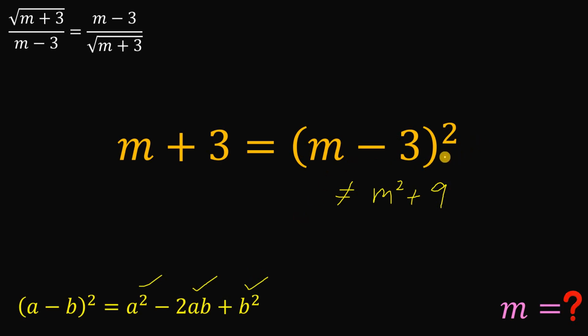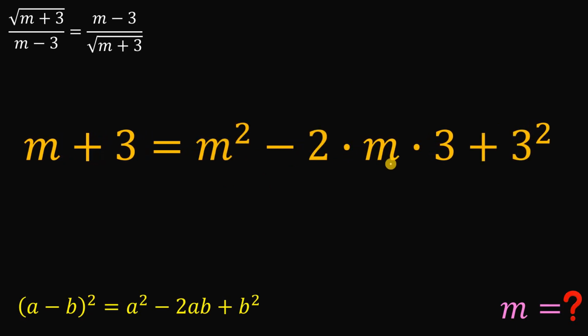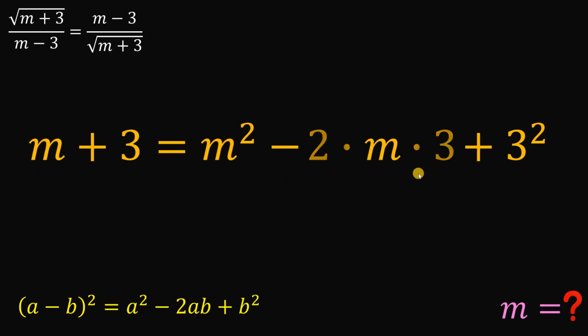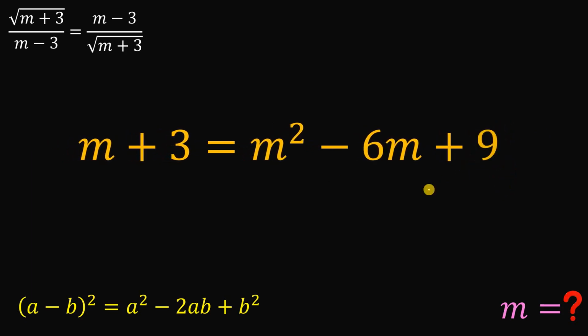So m minus 3 raised to the power of 2 expands to m squared minus 2 times m times 3 plus 3 squared. Wherein negative 2 times m times 3 gives us negative 6m, and 3 squared is just 9. Our equation now becomes m plus 3 equals m squared minus 6m plus 9.